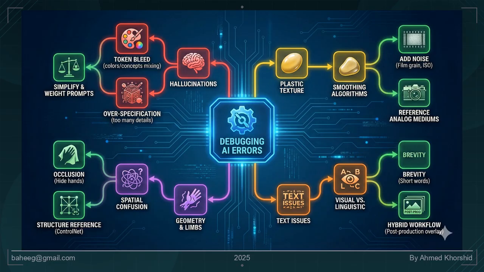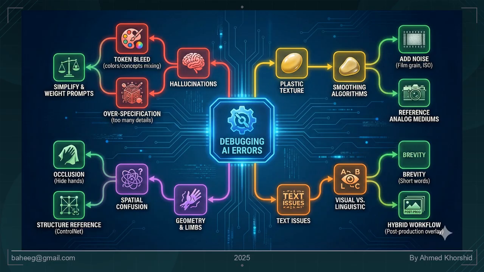Figure: mind map. Central node: debugging AI errors. Branch 1, hallucinations. Subnode: token bleed, colors, concepts mixing. Subnode: overspecification, too many details. Action: simplify and wait prompts. Branch 2, plastic texture. Subnode: smoothing algorithms. Action: add noise, film grain, ISO. Action: reference analog mediums.